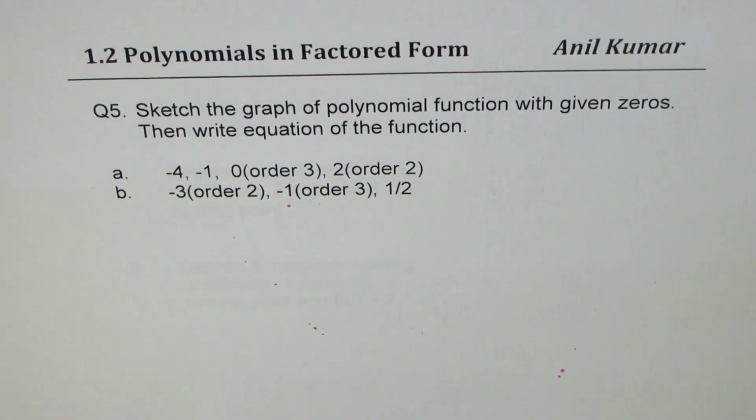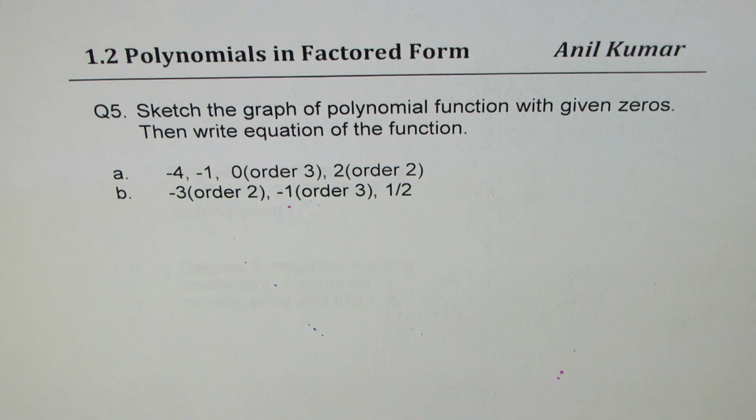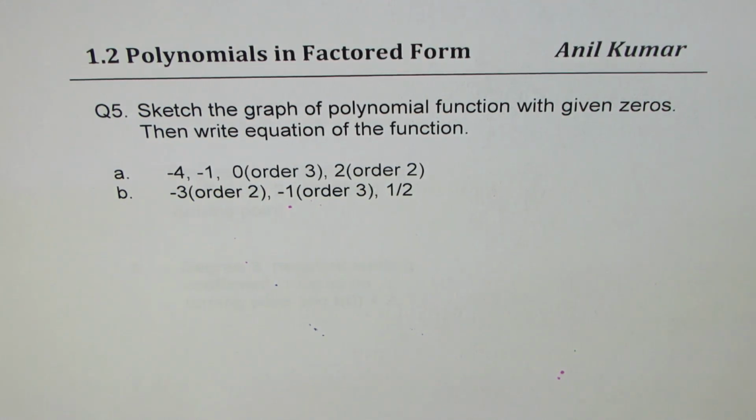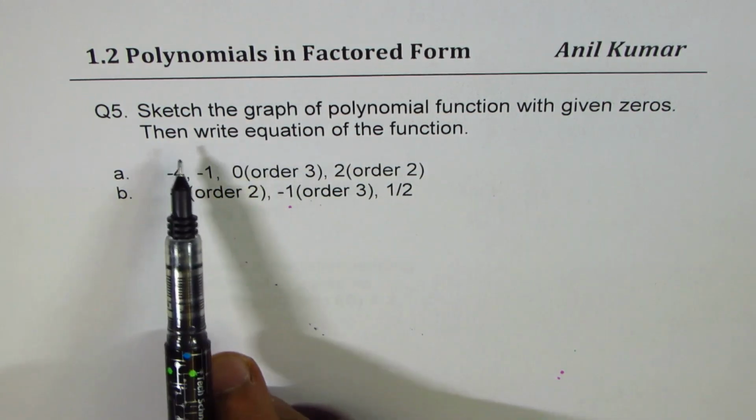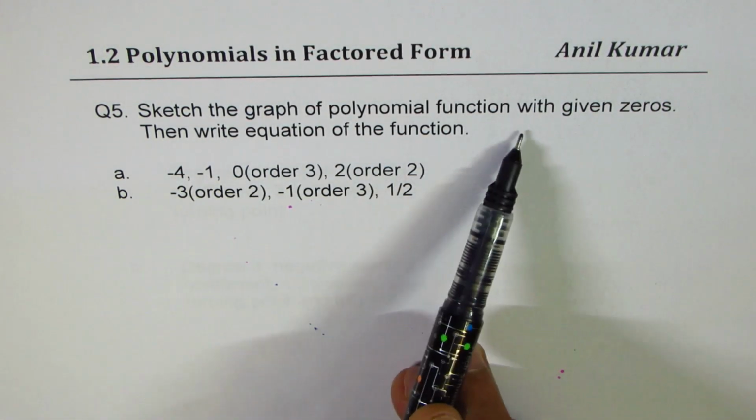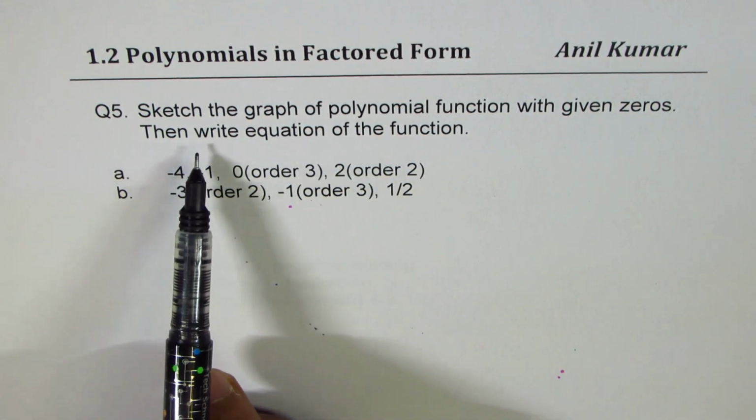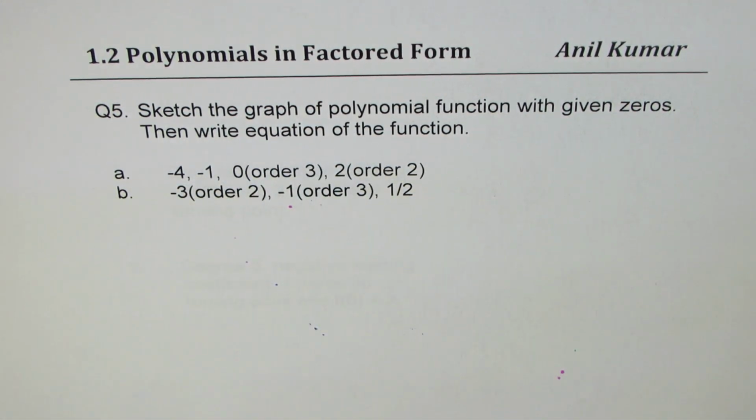I hope you are enjoying the journey of sketching polynomial functions and you got the concepts. Feel free to pause the video now, solve, and then look into my solution, right? Question number 5 is, sketch the graph of a polynomial function with given zeros. Then write the equation of the function.